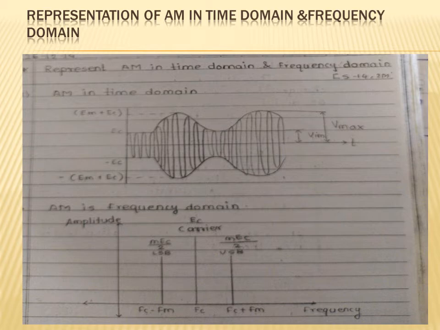See the AM in the frequency domain. AM consists of two sidebands and the carrier signal. The carrier signal does not carry any information.